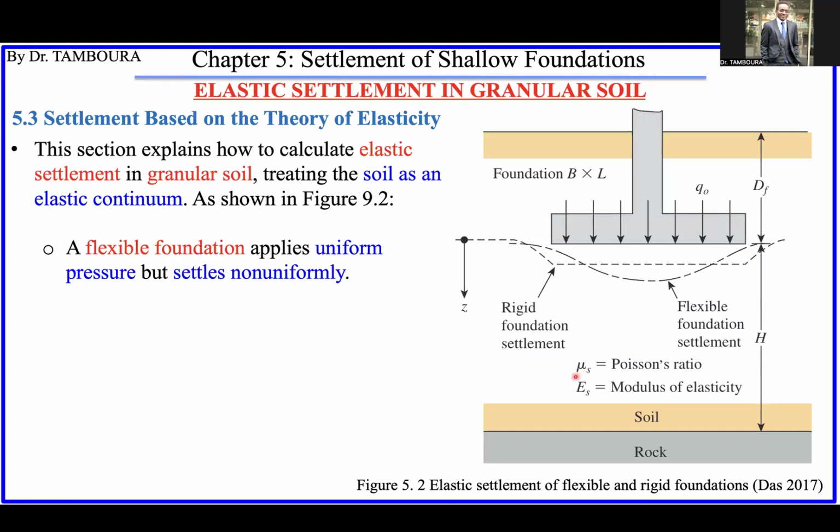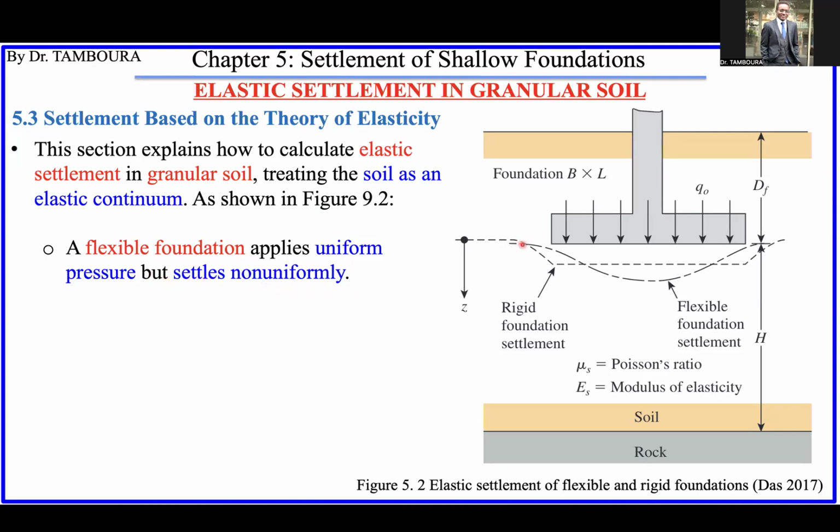So what is a flexible foundation? The settlement of a flexible foundation is this one. Okay, as the name indicates, the foundation is flexible. It's not rigid. Okay, so this kind of foundation applies uniform pressure, but the settlement is not uniform.